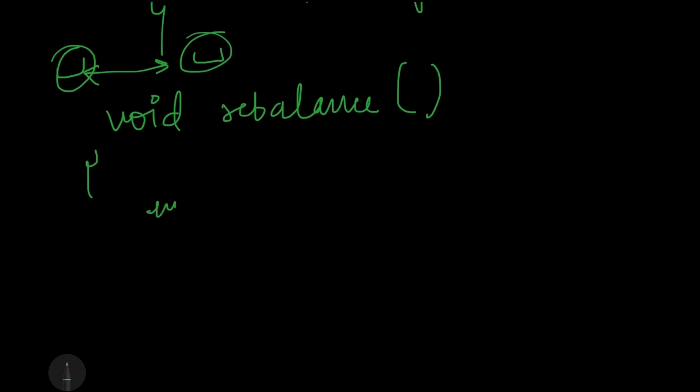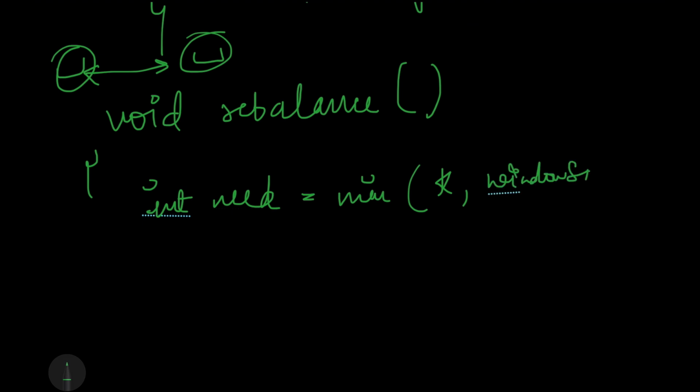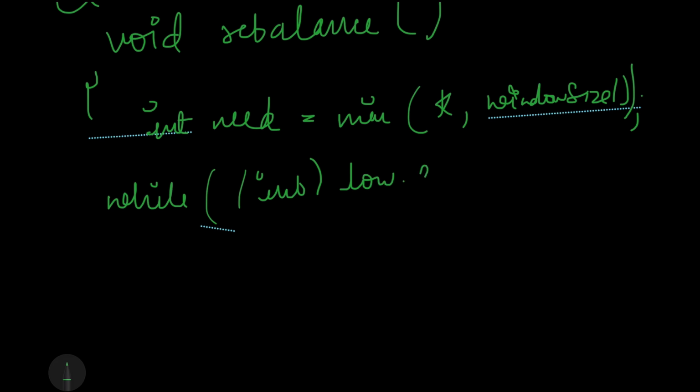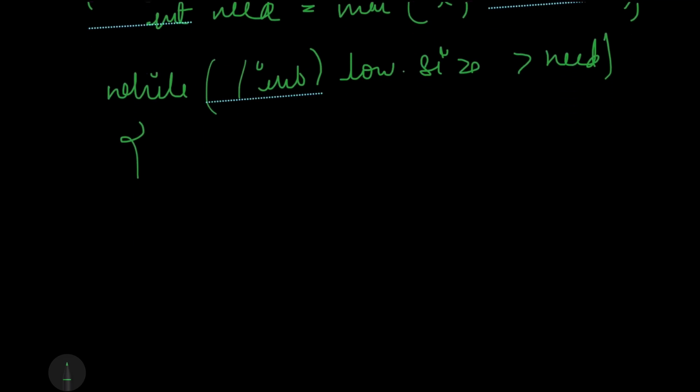Okay, so we'll define a variable in which we need only the minimum number of k elements in the window. Now, while low.size is greater than need, if low has too many elements, we'll remove them and move them to high.